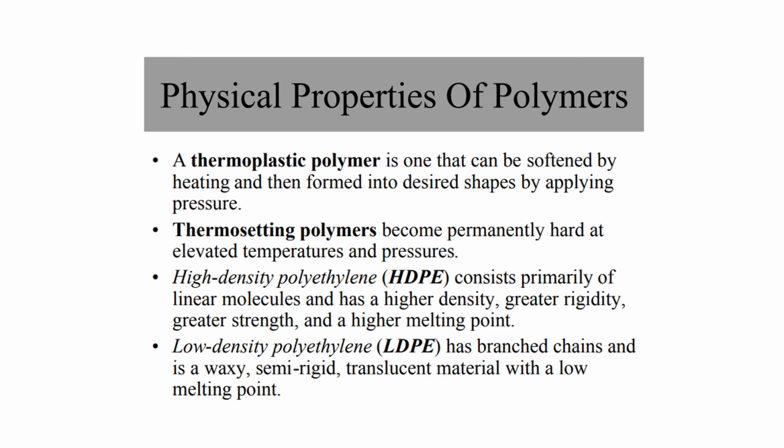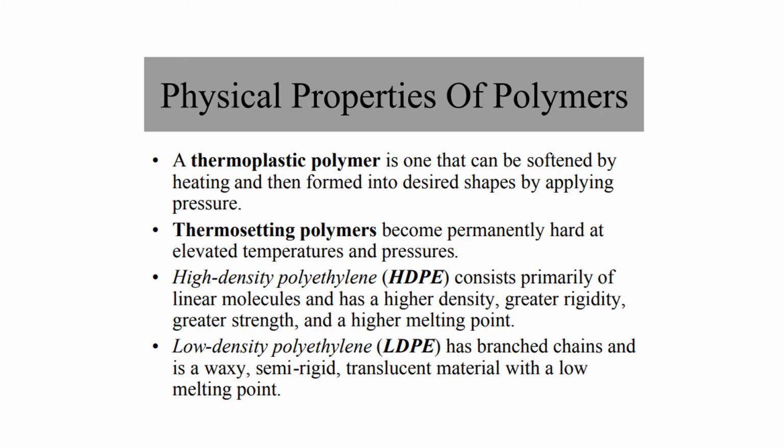There are a number of properties of polymers that we need to be aware of. Thermoplastic polymers are ones that can be softened by heat and can be molded into shapes. Thermosetting polymers become very hard at elevated temperatures.